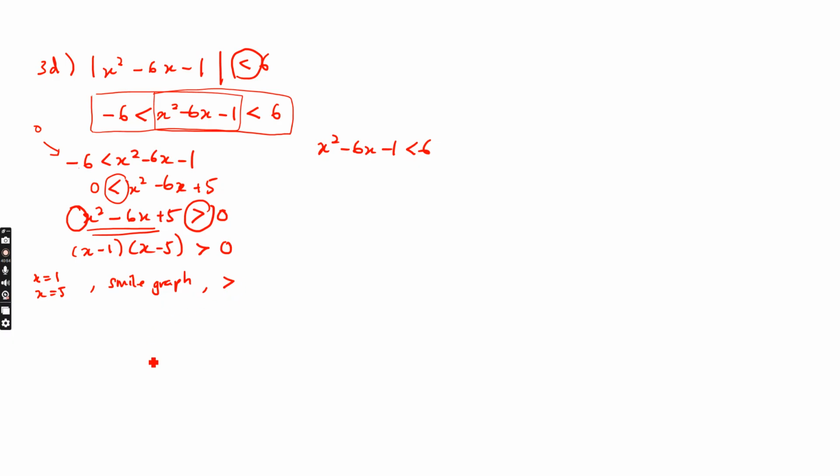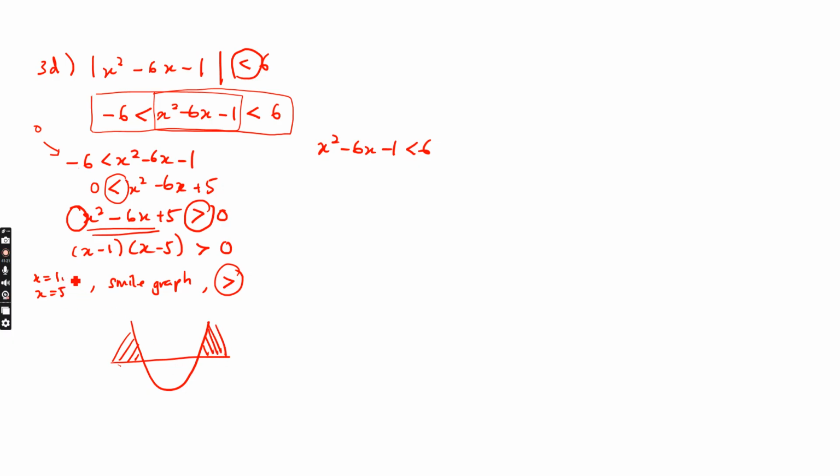Now after you finish, what you need to do is sketch the graph. This is a smile graph, and we have the greater than sign, which should be sketched outside.